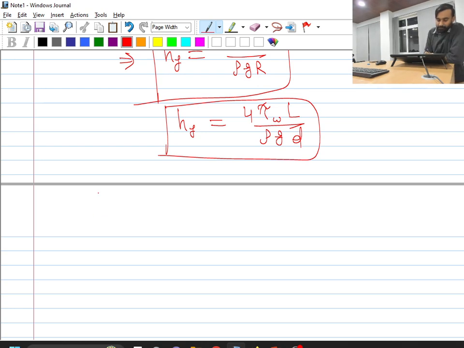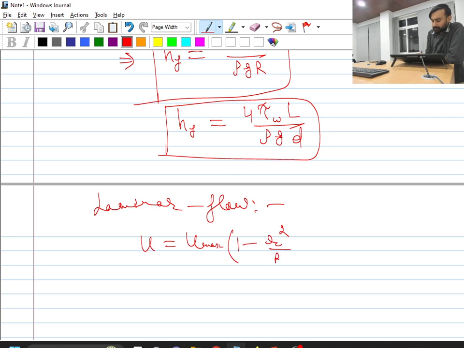Okay. Now for laminar flow in a pipe, I know that U is equal to U max times 1 minus small r square by capital R square. Already we have derived this. Okay.